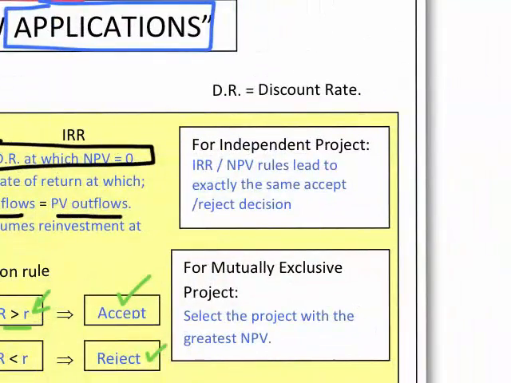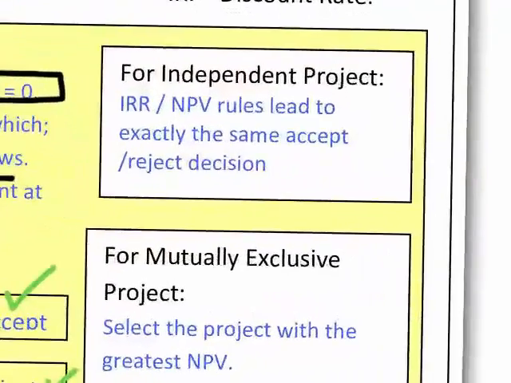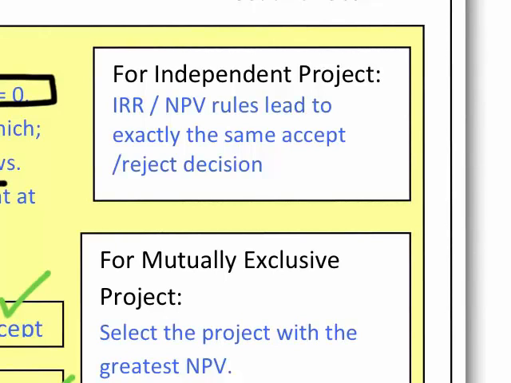Now, we need to understand the concept of independent projects versus mutually exclusive projects. Should Mia Mancha construct a hotel, and should Mia Mancha expand the cement plant? They are independent decisions. They are not related. They are not mutually exclusive. Mutually exclusive is you can do either one or the other.